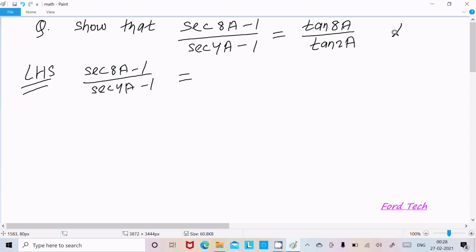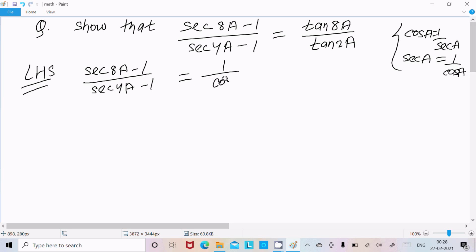So we know the formula cos A equals 1 by sec A, or we can write sec A equals 1 by cos A. So the same thing we can write: (1 by cos 8A minus 1) divided by (1 by cos 4A minus 1).